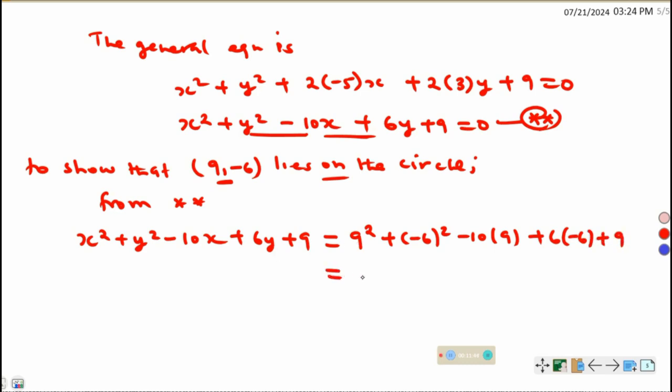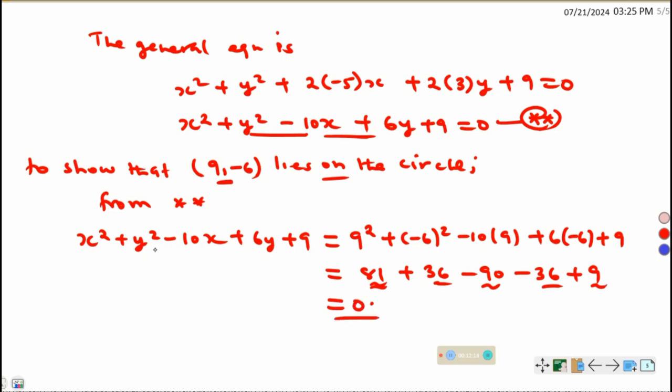So this will be same as 81 plus 36 minus 90 minus 36 plus 9. Clearly, we can see that negative 90 and 9 will give us negative 81, which will be added with 81 to give us 0. 36 minus 36 will give us 0. So this expression will be equal to 0.